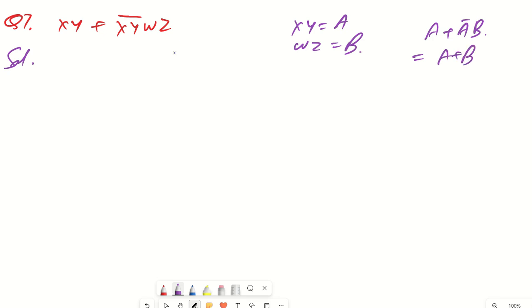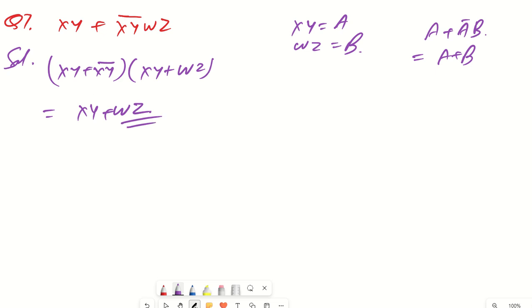Otherwise, if you do not know, then also these two can be considered as single terms, and we can write it down as xy plus xy bar into xy plus wz. And you know that A plus A bar is 1, so xy plus xy bar will be 1. So in that case, we are going to get xy plus wz. So instead of giving this straightforward A plus A bar B, they are making A a composite term of x and y. Alright.